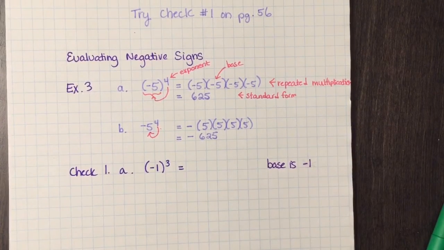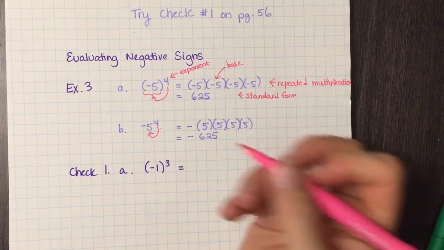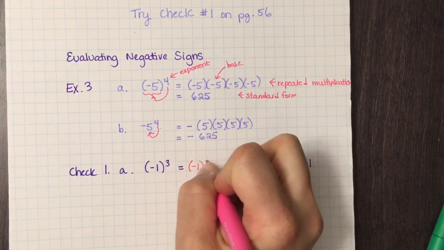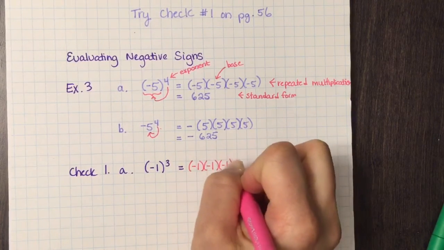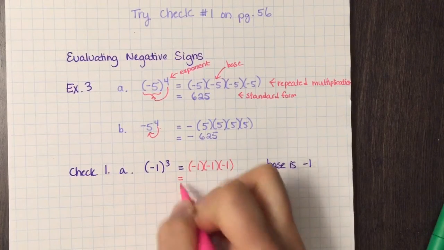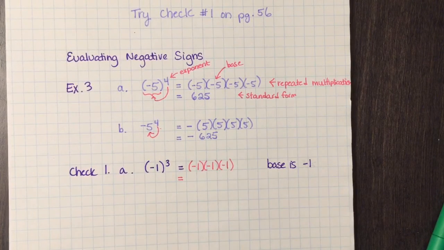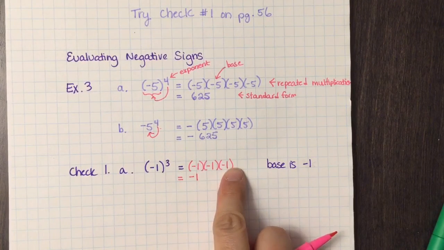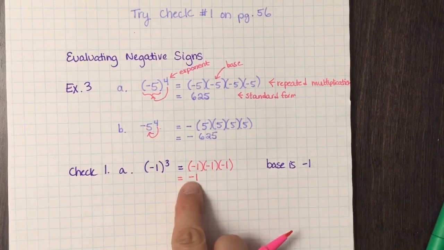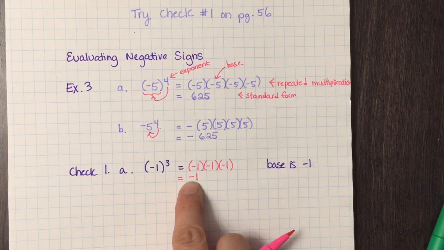Right on. So how would we write that out in repeated multiplication? Excellent. And then what would our standard form be, or our answer, or our product? It would be -1. We have 3 negative integers, so that's odd, which means our answer is also going to be negative. And let's take a look at B.